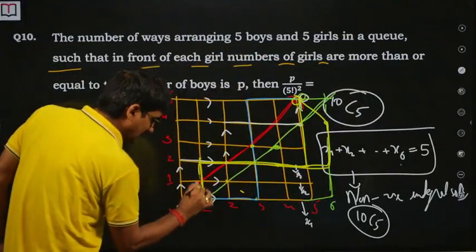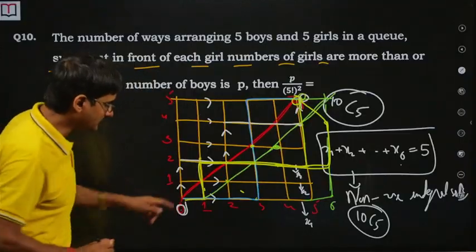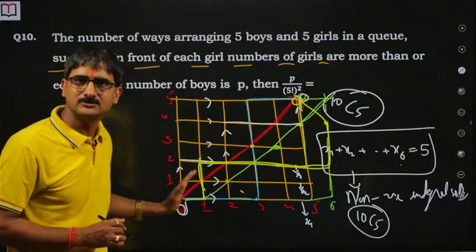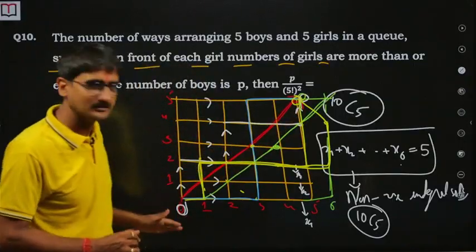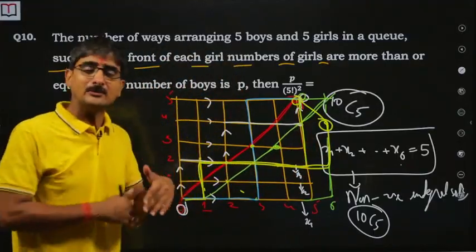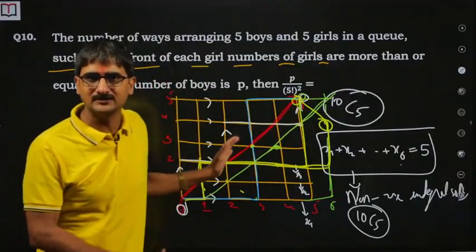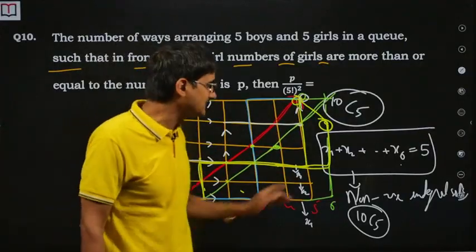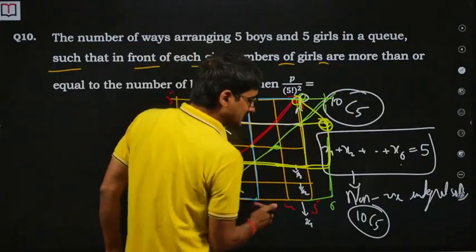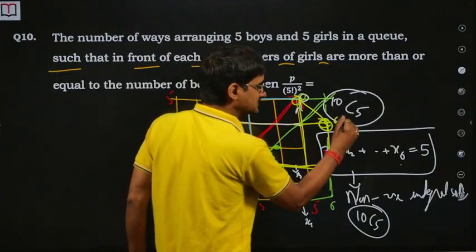So every time you are crossing this red diagonal and take the mirror image of the path on the green diagonal, you will be reaching here. So how many times you can be crossing this diagonal will be the same as if you have to reach this point, and this point is nothing but 6 and 4. I mean, this is 6, 4.